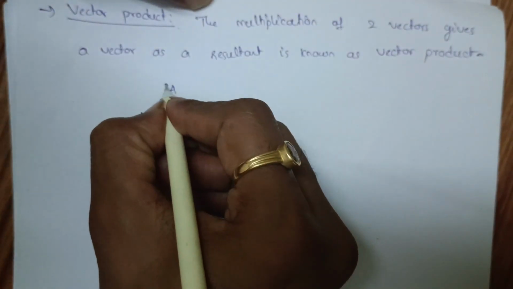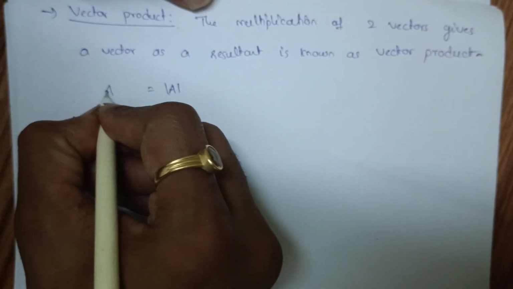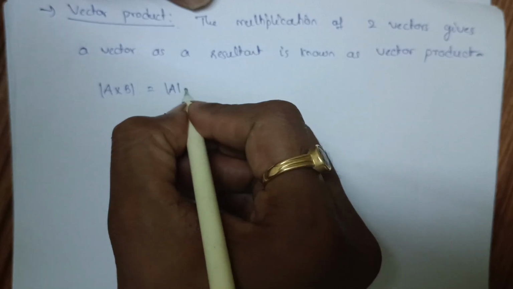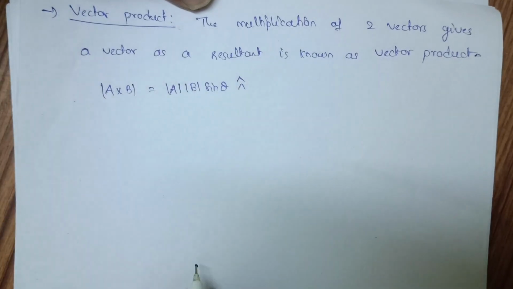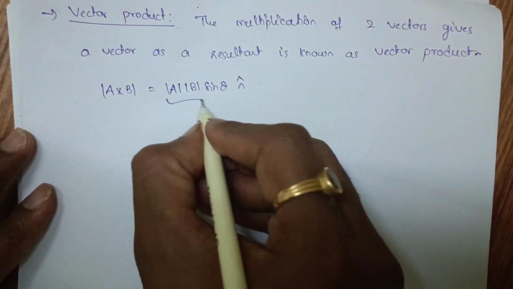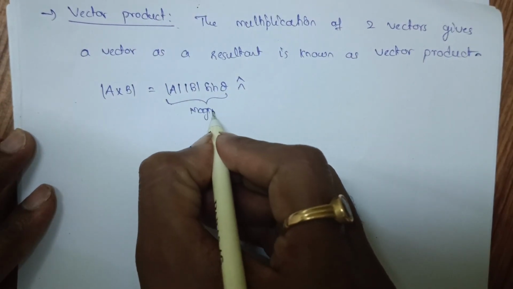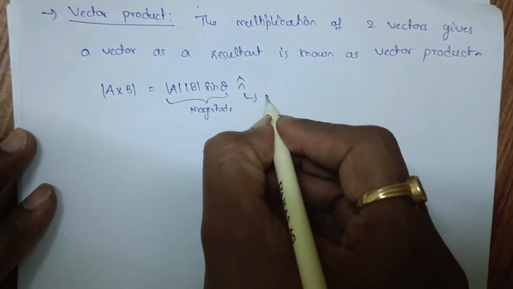That means we need to represent its direction along with the magnitude. So the representation is a cross b is equal to ab sin theta n vector, right? And this represents the magnitude of a cross b, and this represents the direction.